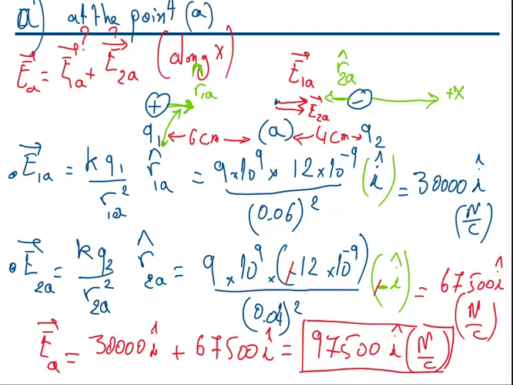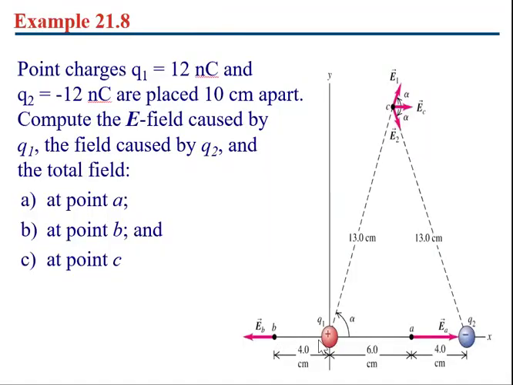Any question? No questions. Let's move to the point B. According to the question, calculate the electric field at the point B. Where is the point B? The point B is located far from Q1 by 4 centimeters, but in this case, in the negative direction. As usual, let's draw the situation. At the point B, what do we have?